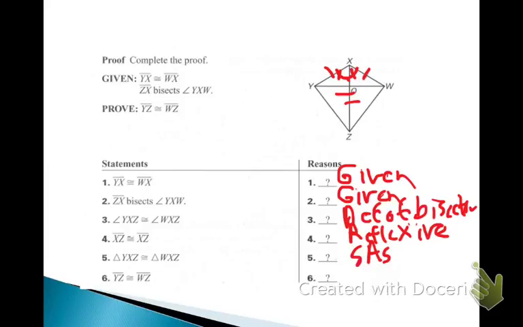Aaron? Yeah, that's where you use your CPCTC. A lot of times in these proofs, if you have to show parts are congruent, your final reason is going to be CPCTC. It comes after the congruent shortcut. So that's going to be CPCTC. Questions? All right.